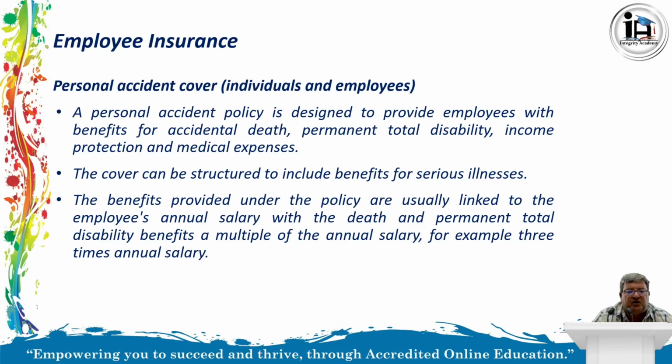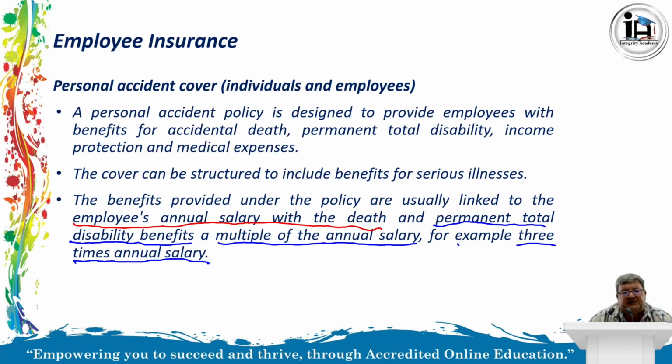So should the employee maybe die, they can look at giving the employee's annual salary, maybe to the spouse or any other person, or if they are permanently totally disabled, they can get the disability benefits of a multiple of the annual salary. For example, they can get up to 3 times their annual salary because they've been disabled.